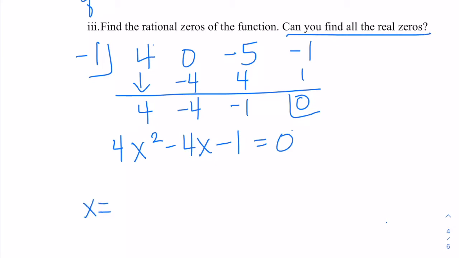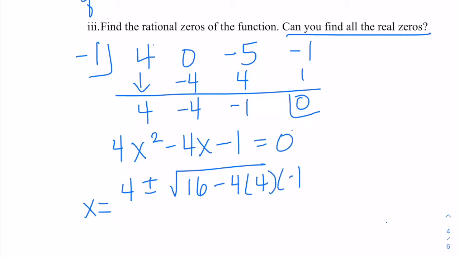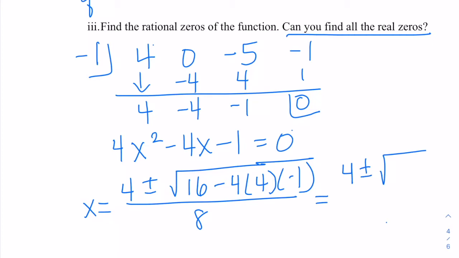So we could say x equals -b, plus or minus the square root of 16 minus 4 times 4, well, that'd be 16 again, times -1. So that's over 8. So 4 plus or minus, that's going to be positive 32 over 8.